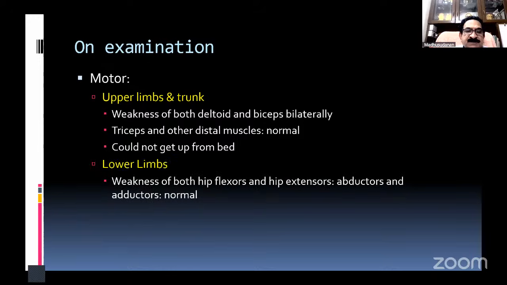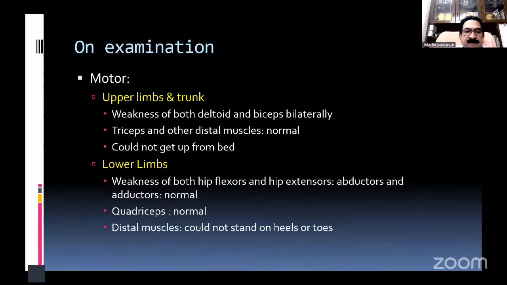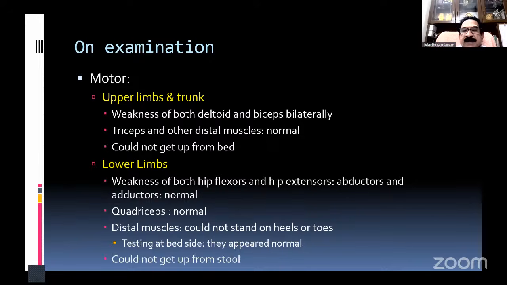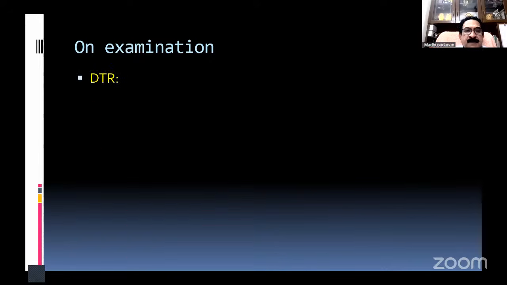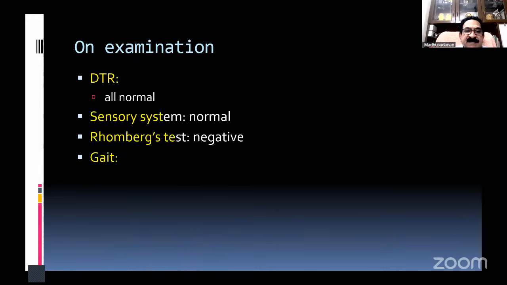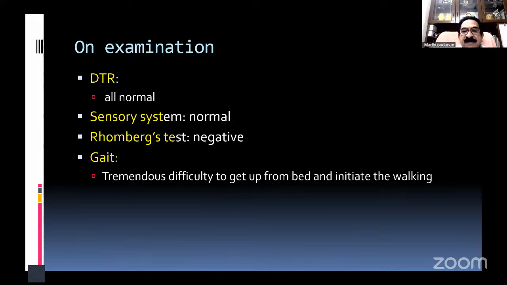Lower limb: weakness of both hip flexors and hip extensors. Abductors, adductors normal. Quadriceps normal. Distal muscles, could not stand on heel and toes, but testing at the bedside, they appeared normal. Could not get up from the stool. DTR all normal. Sensory system normal. Romberg negative. Gait: tremendous difficulty to get up from bed and initiate walking. She drags both feet, probably because of the hip flexion weakness.